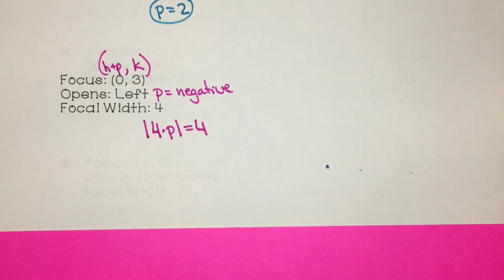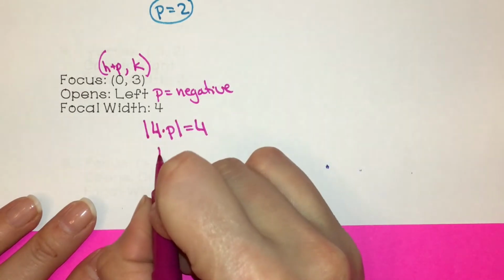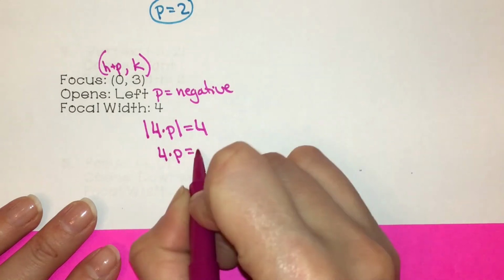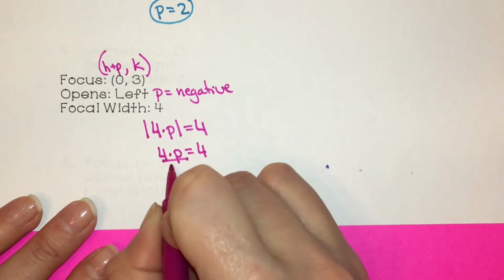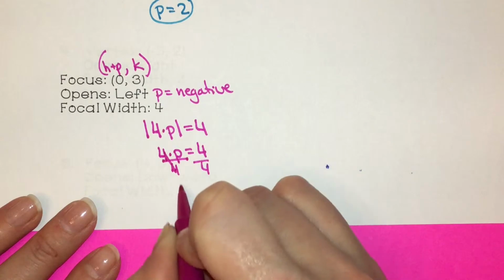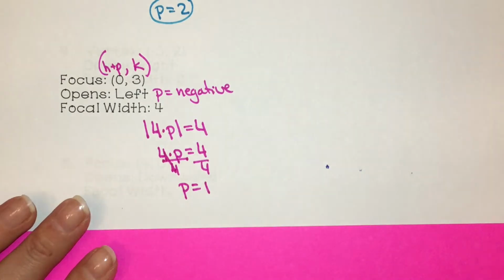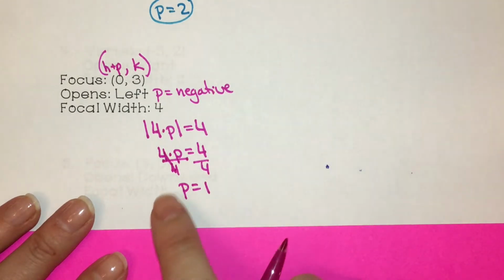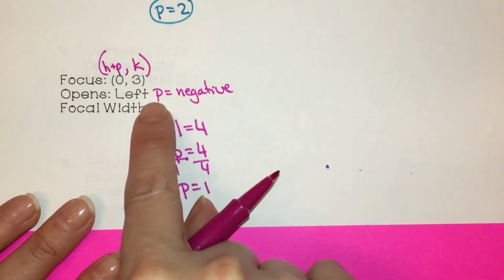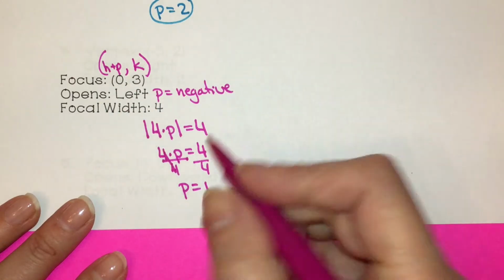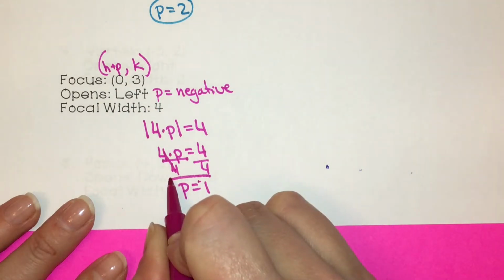So again, I'm going to ignore the absolute value part. 4 times our P value equals 4. To get P by itself, divide both sides by 4. So P equals 1. But because this was absolute value, I didn't know if my answer was positive or negative. But we do know that P is negative because it opens to the left. So that means P is negative 1.